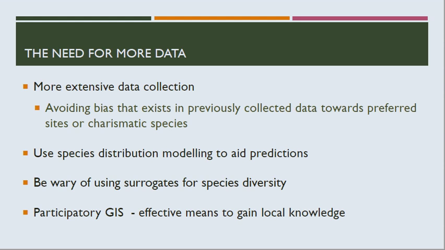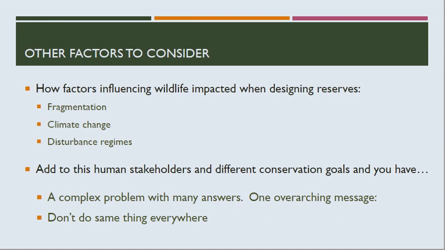Other factors which you probably need to consider: fragmentation, well, that's all part of it, but future fragmentation, climate change. Climate change is going to change habitats around the world, also in tropical areas, maybe less so in tropical areas, but the habitats will change still. And so if you have a species which exists at a particular elevation, you must design your reserve to allow it to migrate to higher levels if it is to survive in that particular habitat.